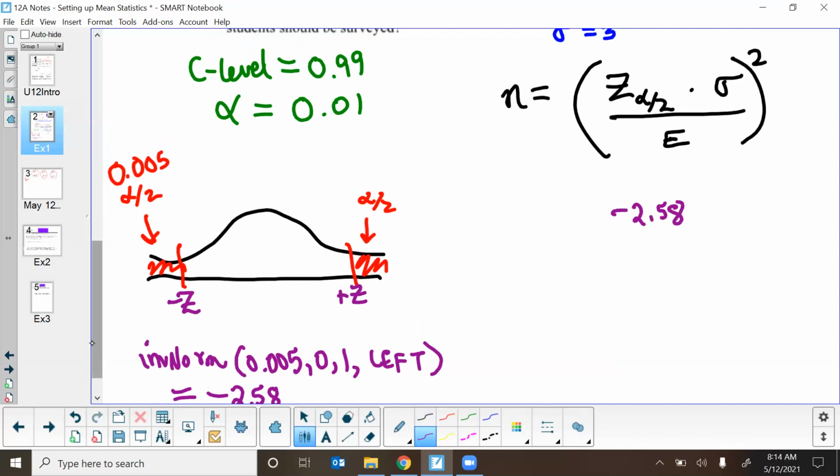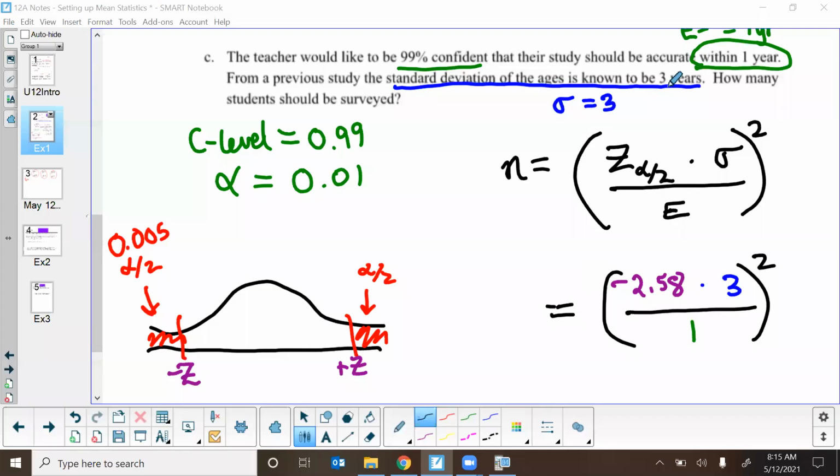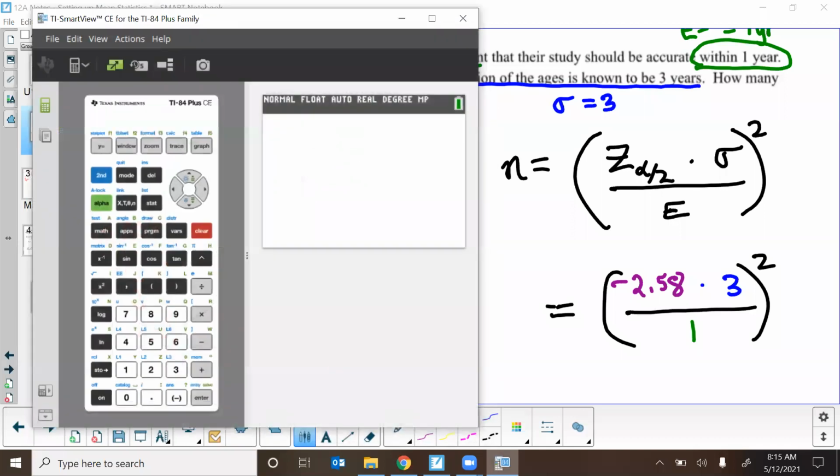And then we said that our standard deviation was 3. And then we said that our error was 1. And so then I'll just do all that and square it. Okay, so let's pull up our calculator.